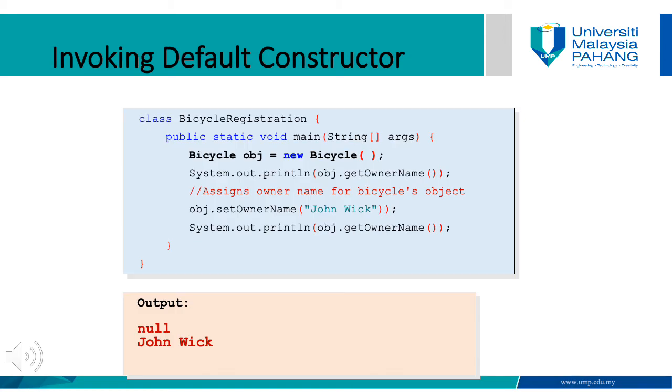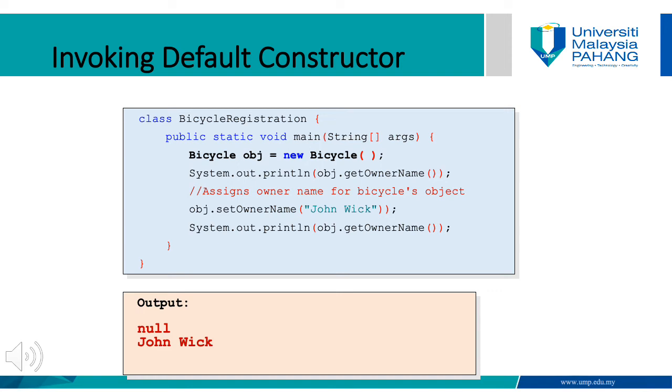So how does the default constructor work? How is it invoked by the compiler? So for example here, in this bicycle registration class, when you run this code, it will automatically set the constructor to the default value, and then it will print the default value first before the second output.